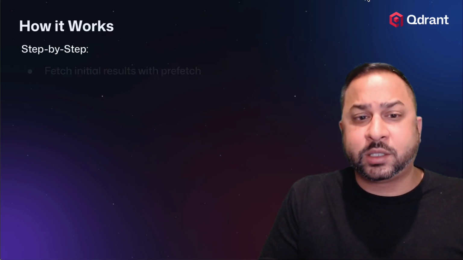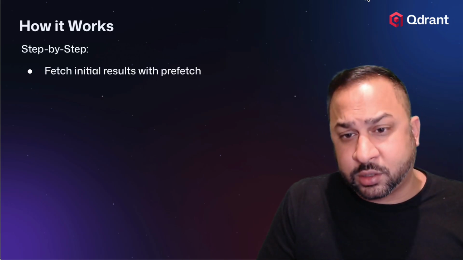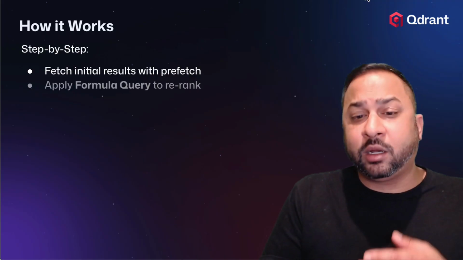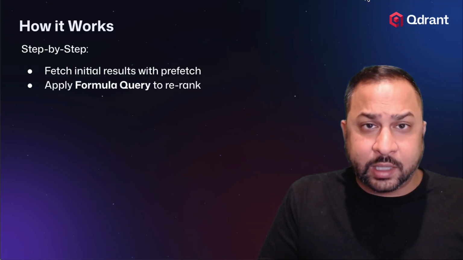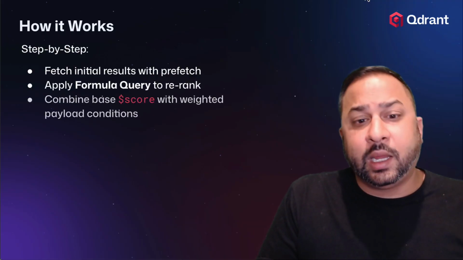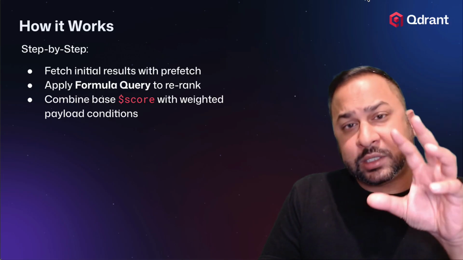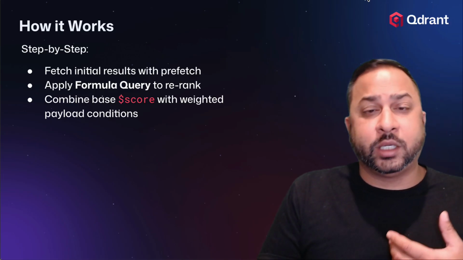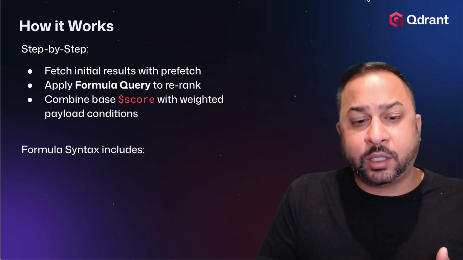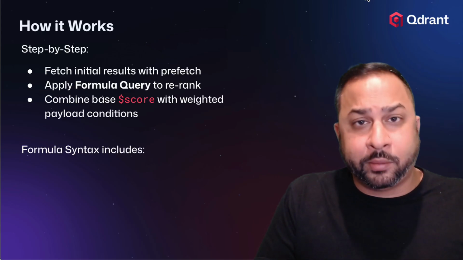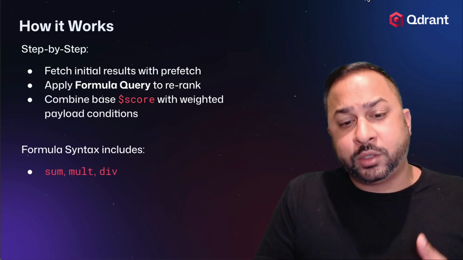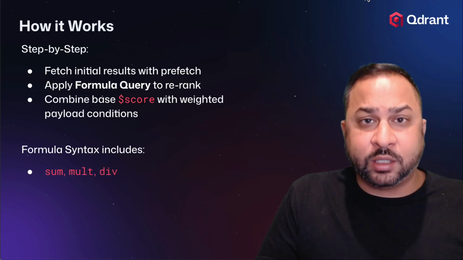So this is how it works step by step. First, you're going to actually fetch the initial results with a prefetch. Then you're going to apply a formula query, and that's going to re-rank it. And then lastly, you're going to combine that base score with the weighted payload conditions. Now, these weighted payload conditions can be included in the formula syntax, which includes sum, multiplication, division.